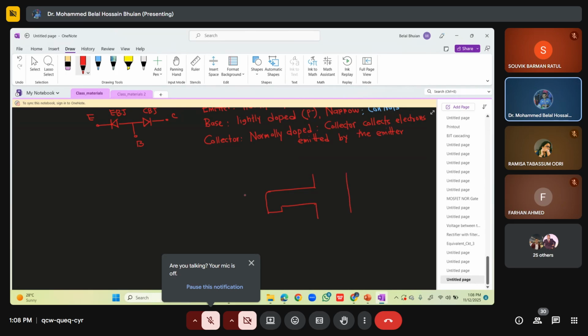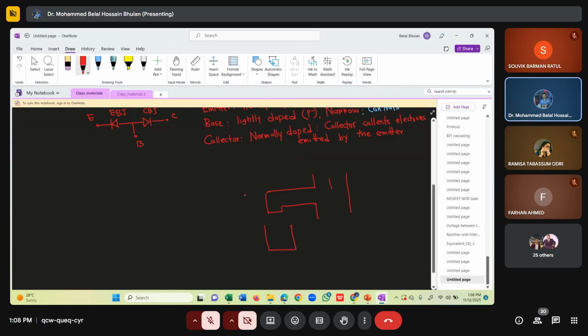Okay, so we have got a bucket, and this side is like our emitter, where the water is coming in. This is like our collector, where water is coming out. The emitter emits, the collector collects. And then we have got a key to the tap. That is like our base.